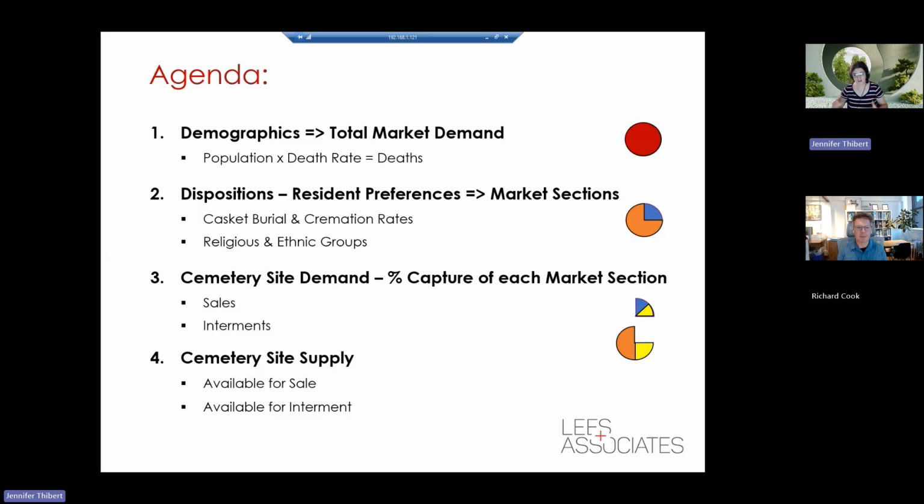And the other half of the equation is the cemetery's site supply. So how does the demand compare to the remaining inventory you have available for sale, as well as any reserved pre-purchase inventory that will be used for future interments. So as you can see in the pie here, your portion would be the yellow piece of that market segment.